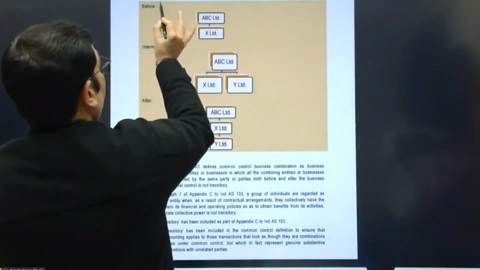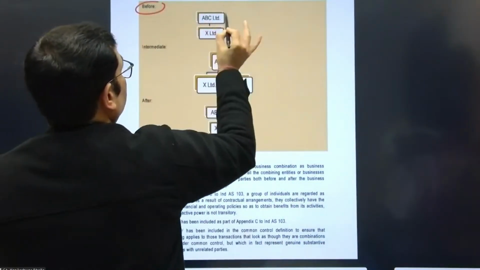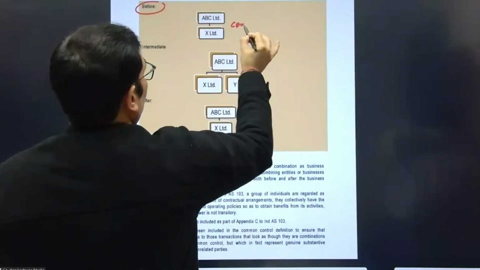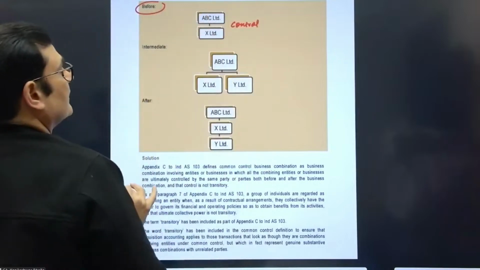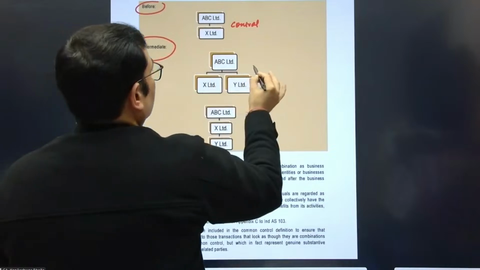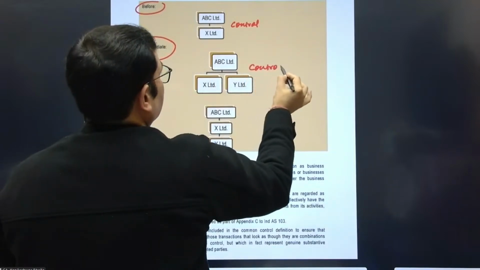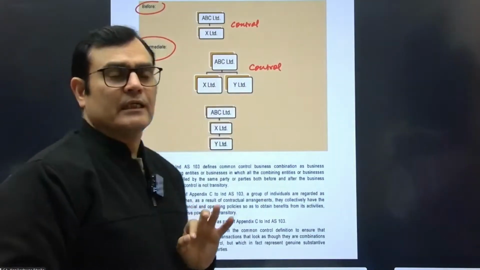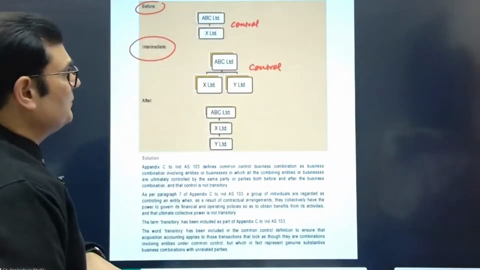He says before the business combination, ABC had control over company X. Then on 1st April, ABC got control over both companies X and Y. If somebody asks me, before the business combination of X and Y, were the 2 companies under the common control of ABC?